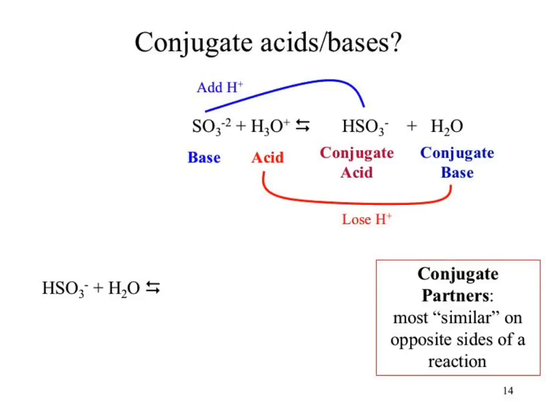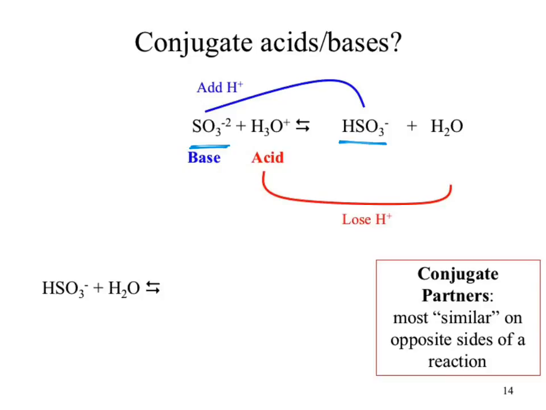We go back just a little bit further, and this is what Alexander was getting at. We go back to that first question. We started with SO3 minus 2, and it acts as a base, which means it accepts a hydrogen and it becomes HSO3 minus. What can HSO3 minus do? We saw down below it can do a whole bunch of different things. But we also have information about what it can do already written into that equation.